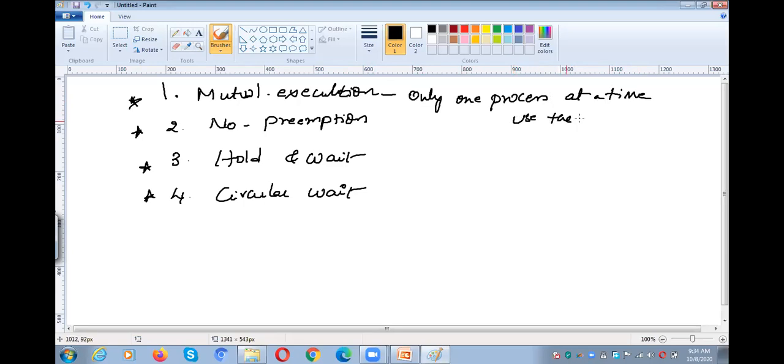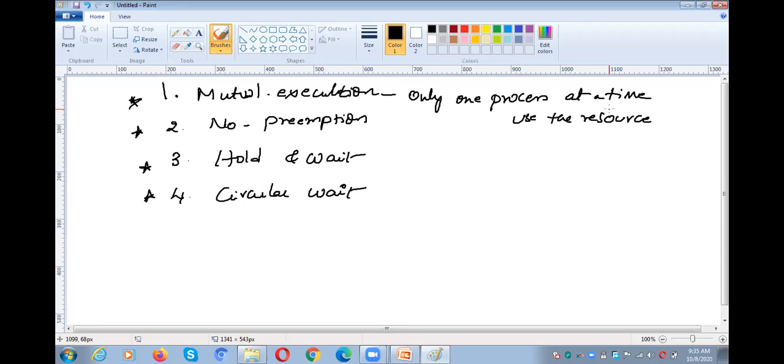That means whenever the resource is allocated to some process, no other process is allowed to access that particular resource. Why? Because it is already allocated to one process. After using the resource, the process will release it, and only then can it be used by some other process. That means at a time we allow only one process to access the resource. I repeat, we allow only one process at a time to access the resource.